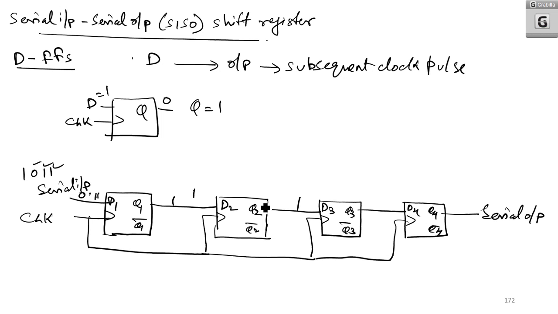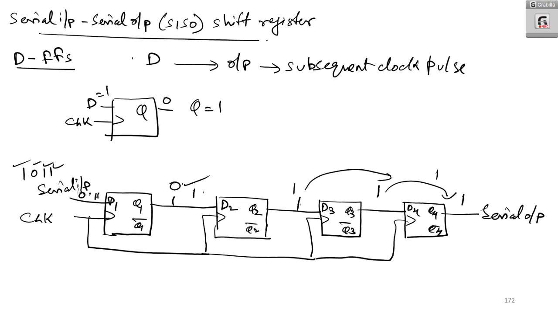So this one goes here, this one comes here, and this 0 comes here. In the next clock pulse, this one will come out, and in the next clock pulse, this one will come out. In the next clock pulse this 0 will come out, and at last this 1 will come out.